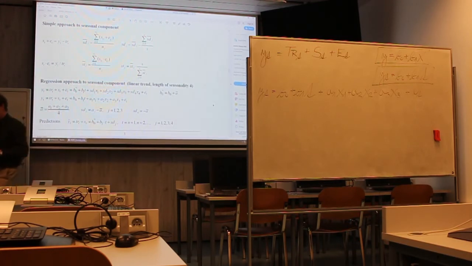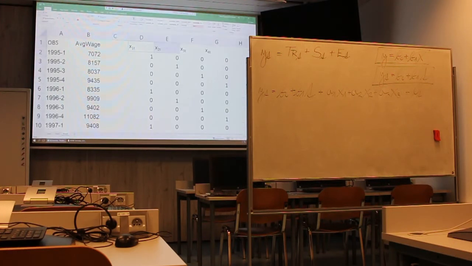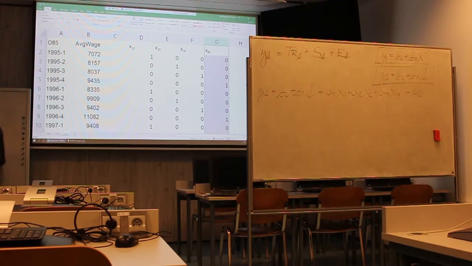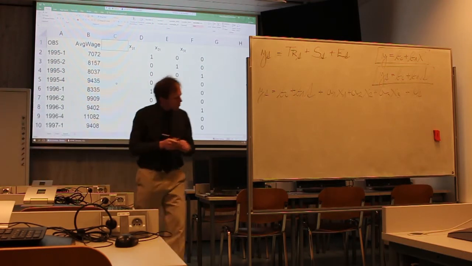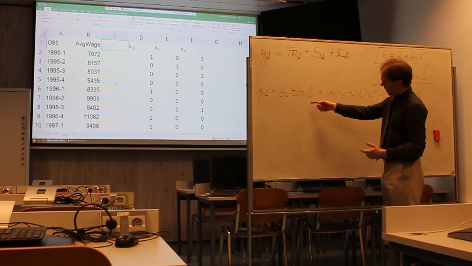If you check my Microsoft Excel, I created here 4 dummy variables, but we know that this G column will be omitted, so I will delete this G column, I don't need it. For the calculation of this model, we need the time variable t, the linear trend.